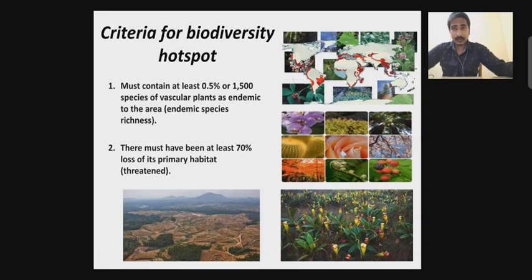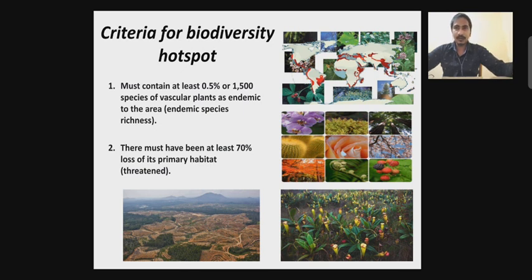Now what is the criteria for a biodiversity hotspot? That is, how can you designate a particular area as a biodiversity hotspot? Very simple, there are two criteria. First one is, there must be at least 0.5% or 1500 species of vascular plants as endemic in that particular area. Vascular plants are those plants which have vascular bundles, that is the xylem and phloem.